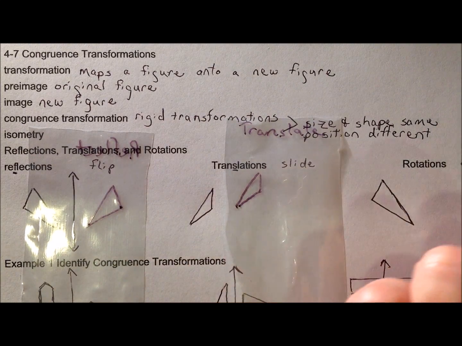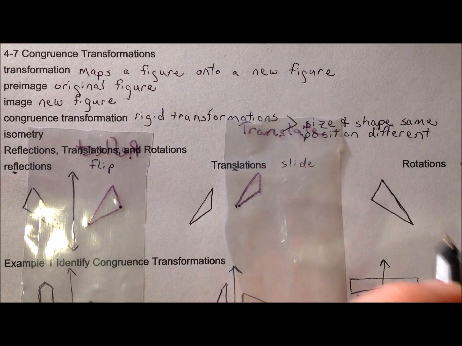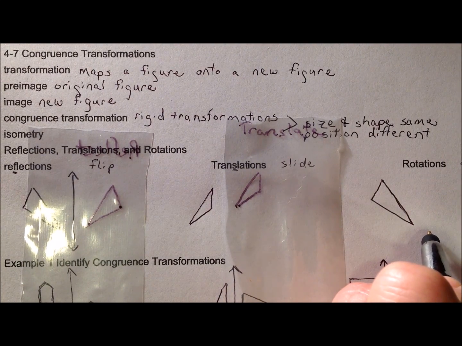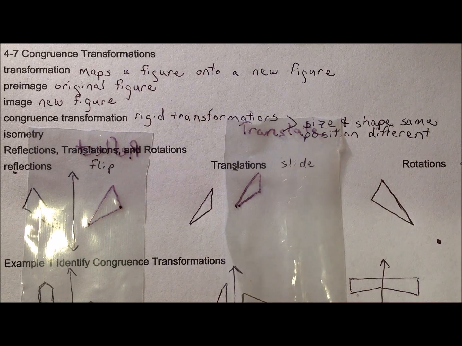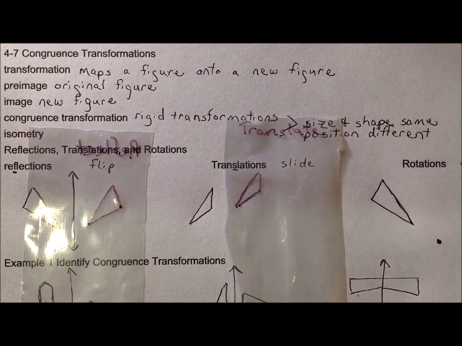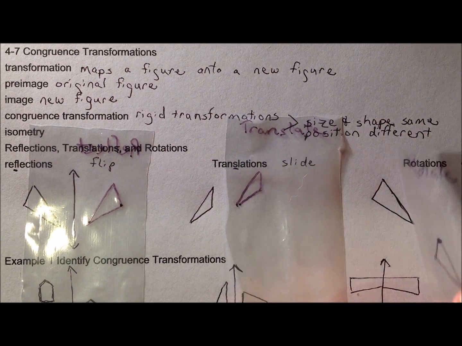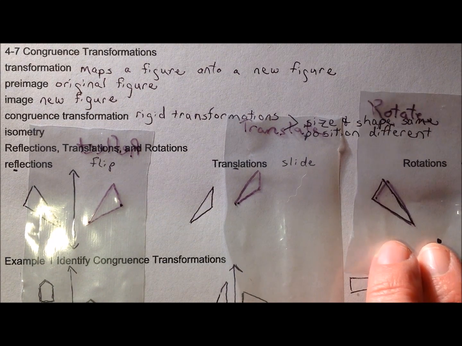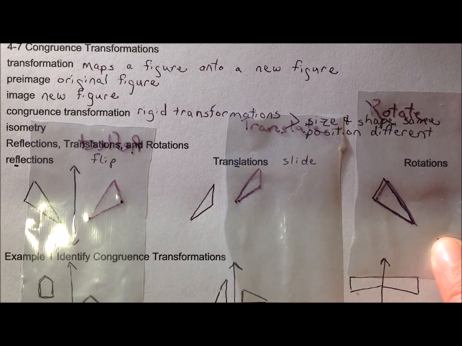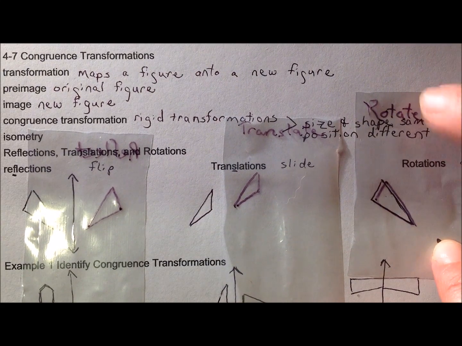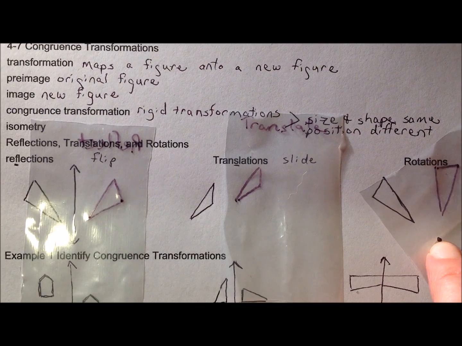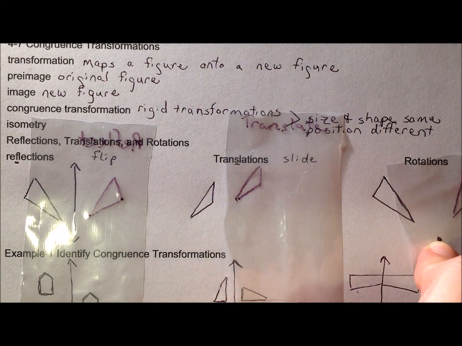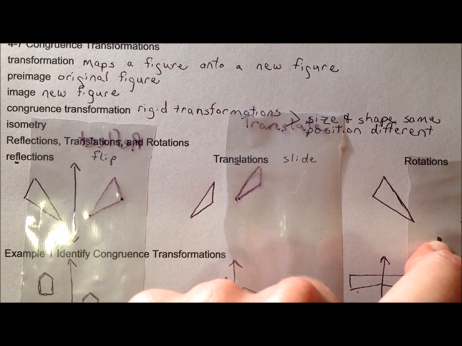A couple of things about rotation. Rotation is usually rotated around a point, so let me draw in a point. This makes a difference in how the position of your new triangle will end up. But if I rotate it, I'm going to keep this point the same and just rotate my figure around, depending on how far I rotate it.